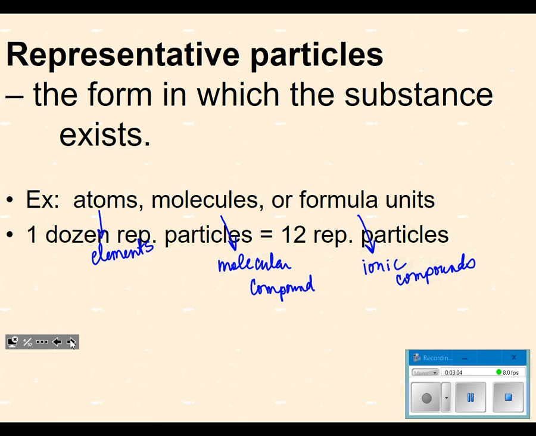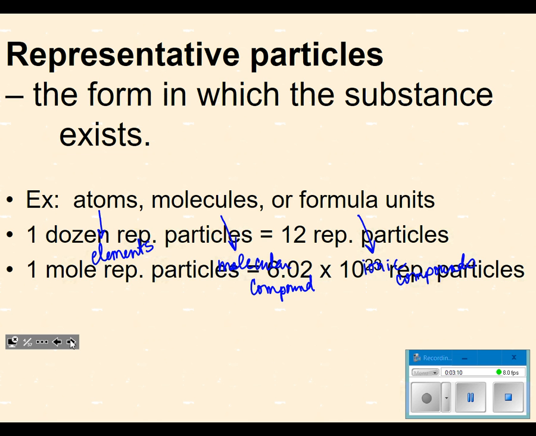So a dozen representative particles equals 12. What we would say is really that a mole of representative particles is 6.02 times 10 to the 23rd representative particles. So a mole would be equal to 6.02 times 10 to the 23rd atoms.